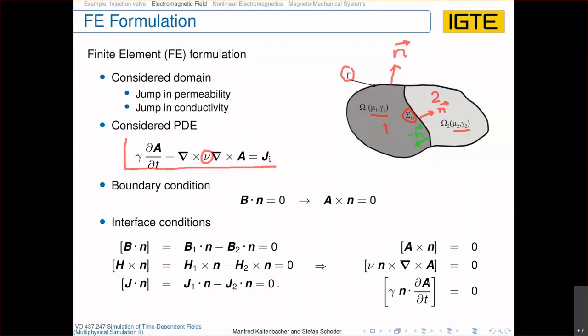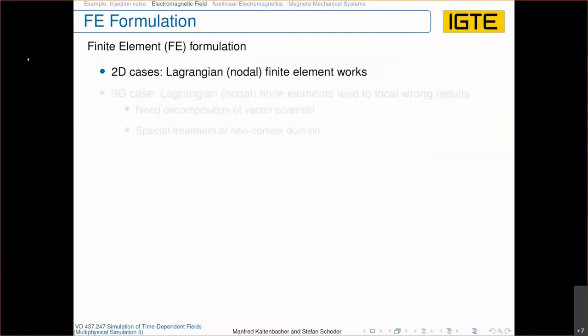So we also have to make sure that such an interface condition is fulfilled, not only in the continuous setting, which means our weak formulation, but also when we perform a discretization by finite elements. Okay, so this is our setting, and just some preliminary things. In 2D, everything is okay.